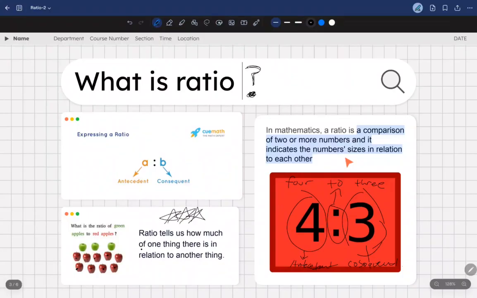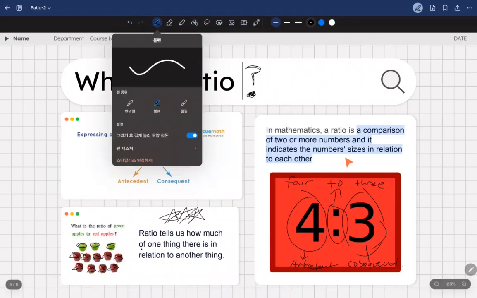Now let us look at here. This is really important. I give 3 stars for this. The question is, what is the ratio of green apples to red apples? We have 1, 2, 3 green apples, 1, 2, 3, 4, 5, 6, 7, 8, 9 red apples. Because it asks the ratio of green apples to red apples, we should write from the green one.